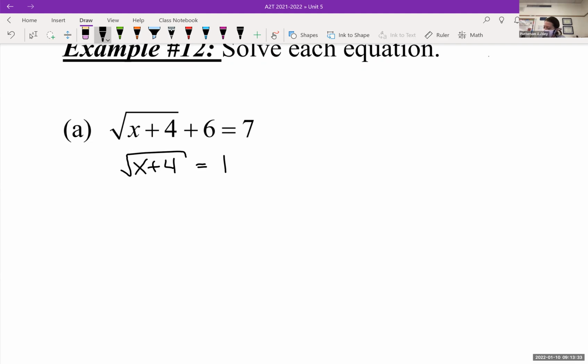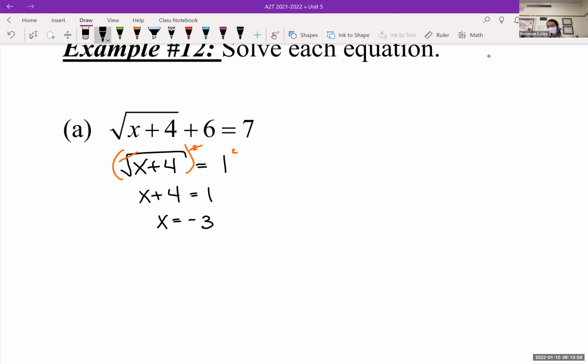Squaring, absolutely. Let's go ahead and square both sides, remembering that if we square one side, we must also square the other. So we get x plus 4 is equal to 1. Our final step is to subtract 4, so x is -3.